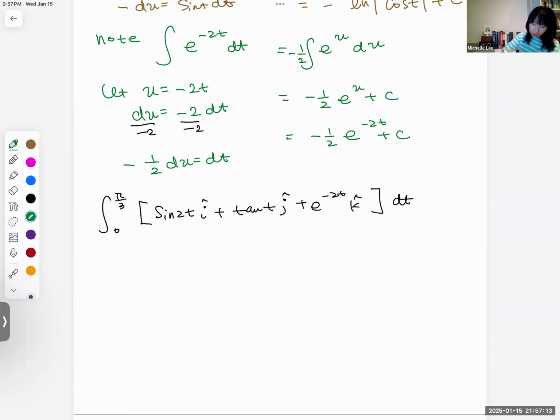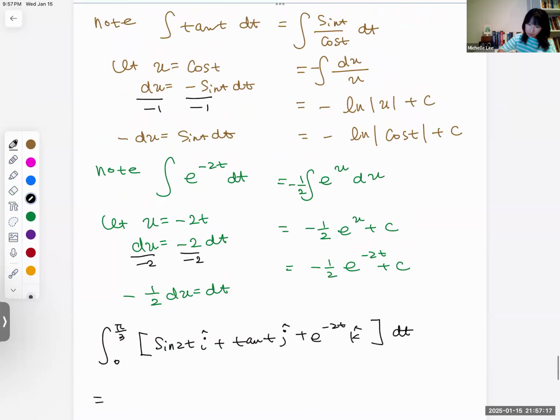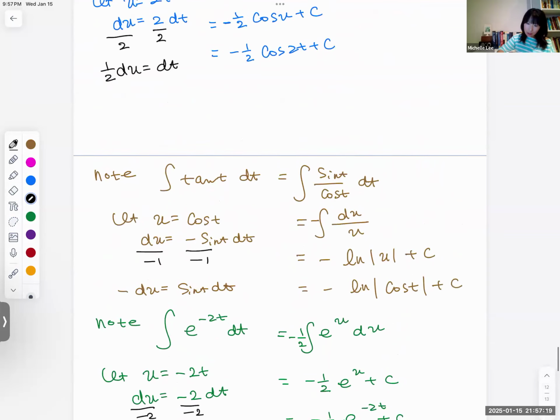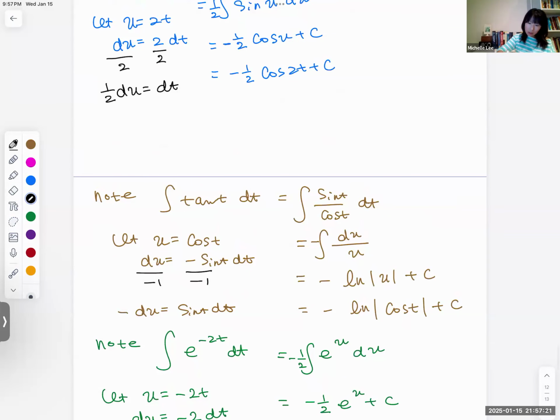So that would be sine 2t, we had negative 1 half cosine 2t, and definite integration, right?